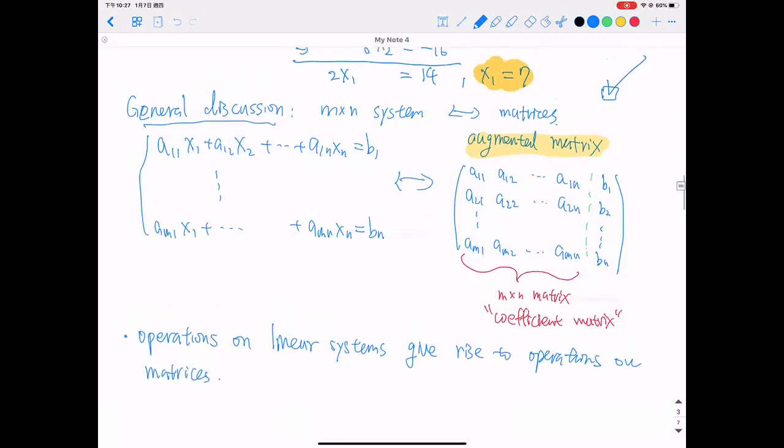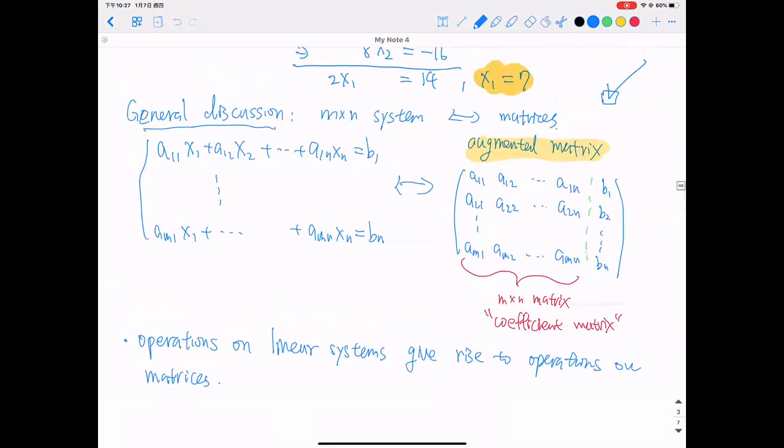More specifically, the equations of your linear system correspond to rows of your matrix.